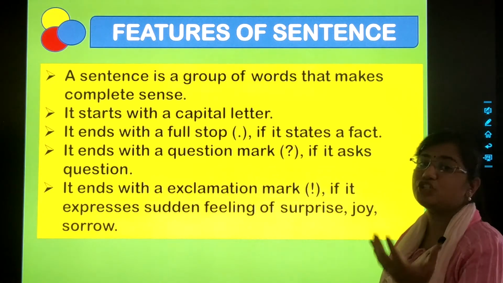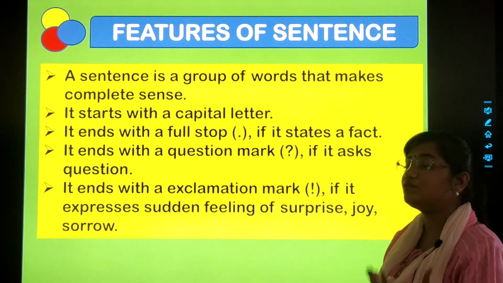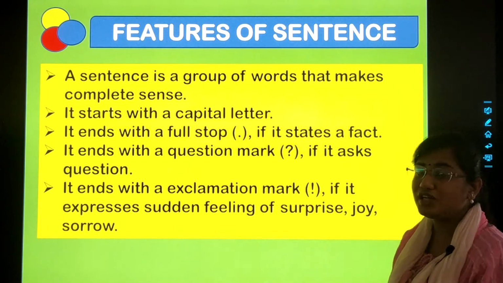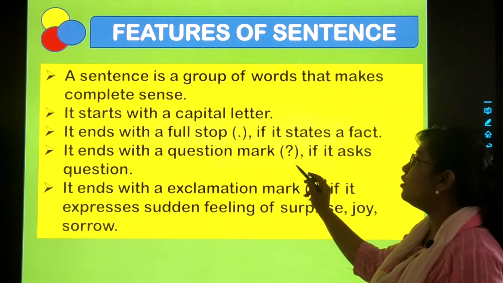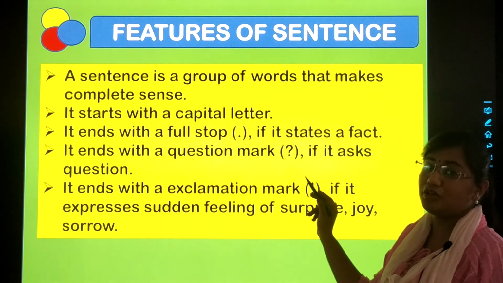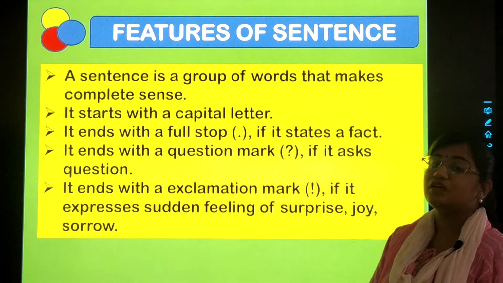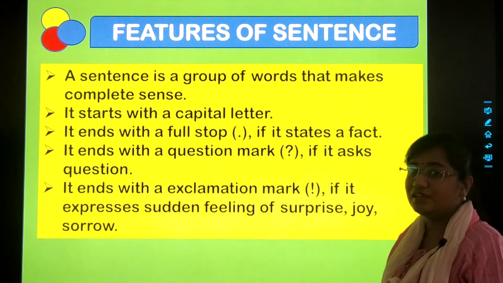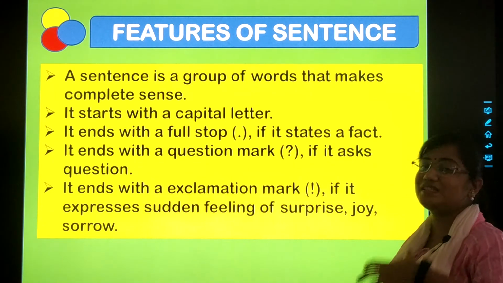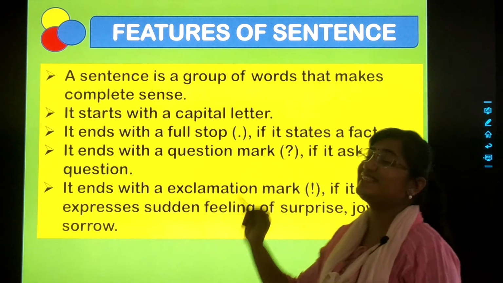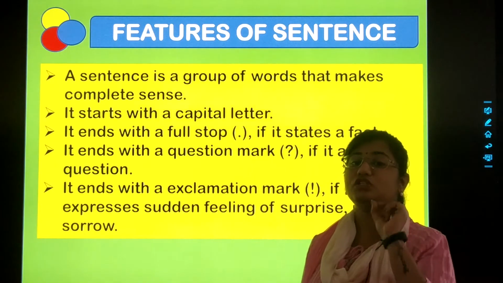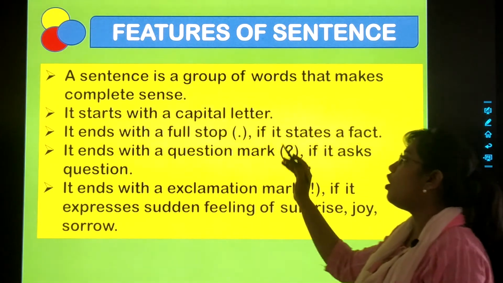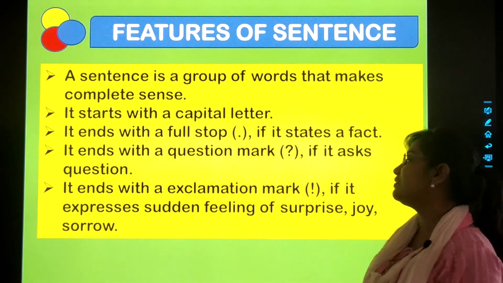So, our expressions in the sentence will be conveyed with an exclamation mark. Our question sentences will always end with a question mark. And the facts we say or we complete or we tell to someone or someone is telling us, it will always end with a full stop. So, these are the basic features of a sentence.